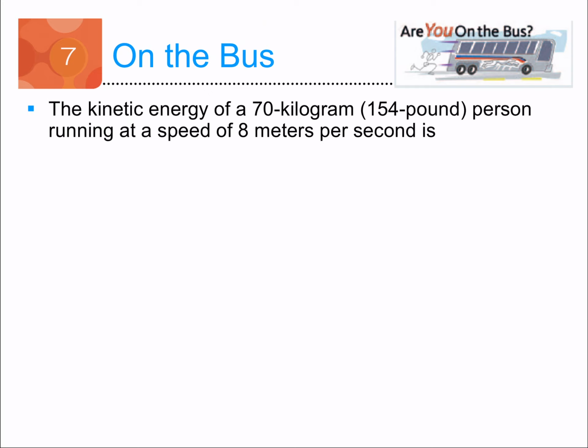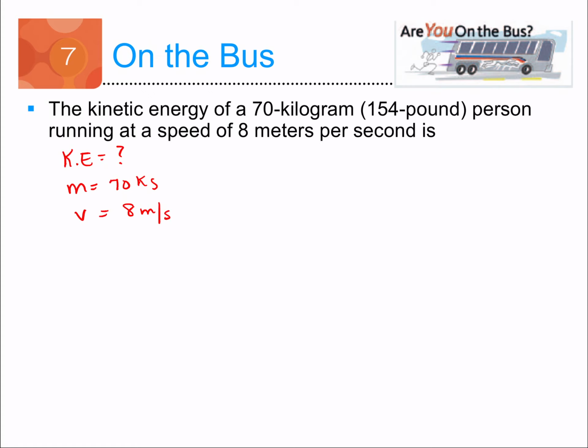So in this one, the kinetic energy you're asked to find, so we're going to make our list, of a 70 kilogram person, so our mass is 70 kilograms, running at a speed of 8 meters per second. We're not going to use 154 pounds because then we would have to convert.